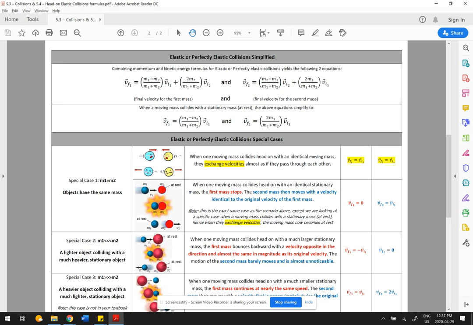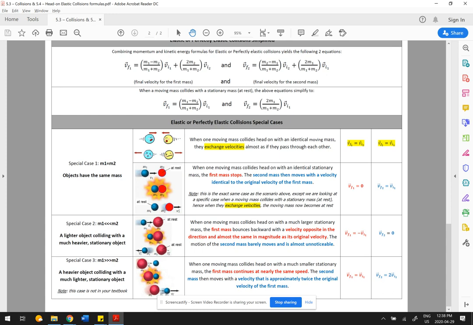Now, we can simplify this. If one of the objects is at rest to begin with, for example, if object 2 is at rest, this entire part of the equation will cancel, and we will be only left with this part of the formula. It also simplifies for object 2 as well, and that's only when one of the objects is at rest.